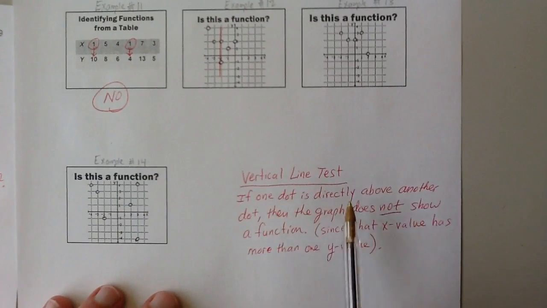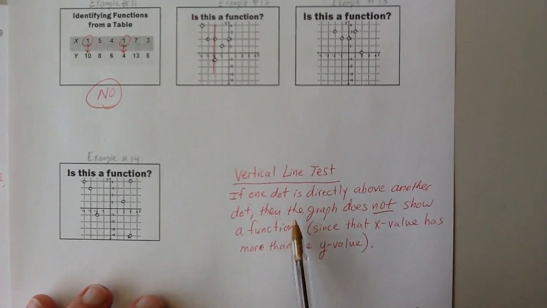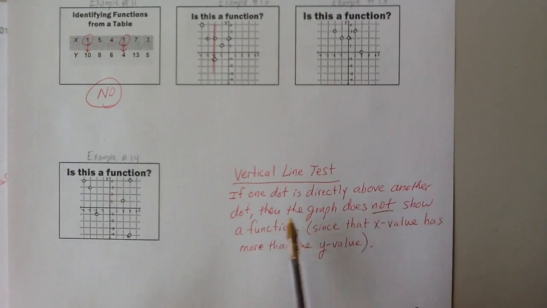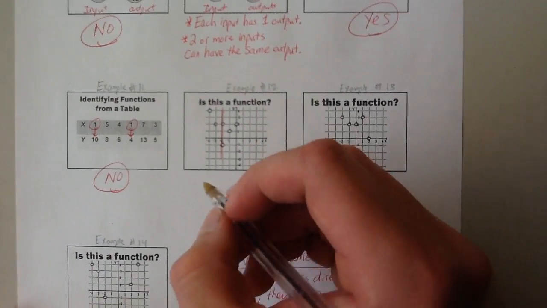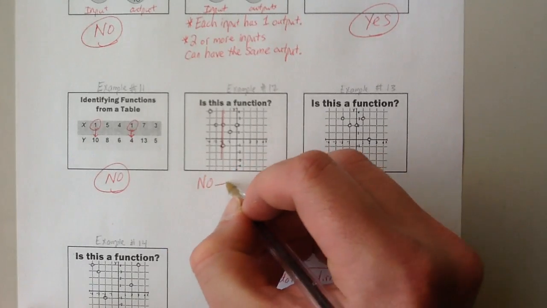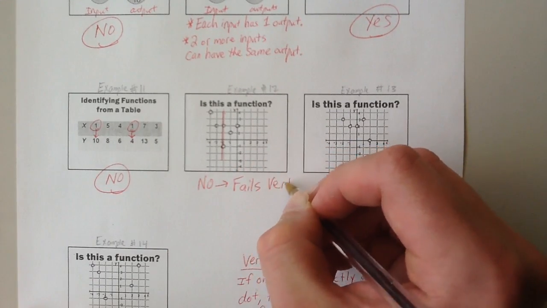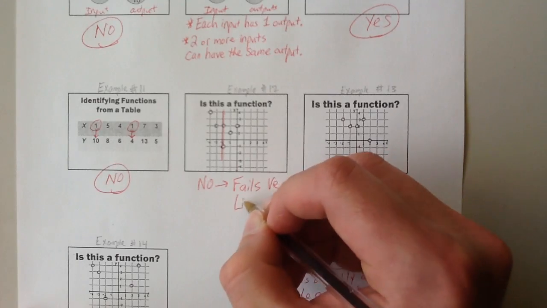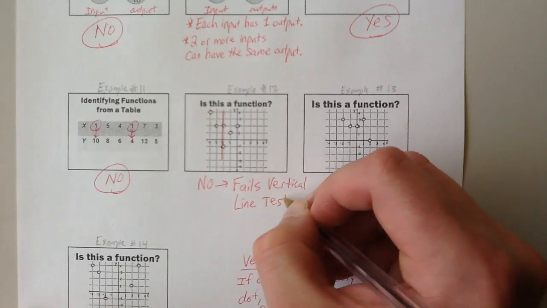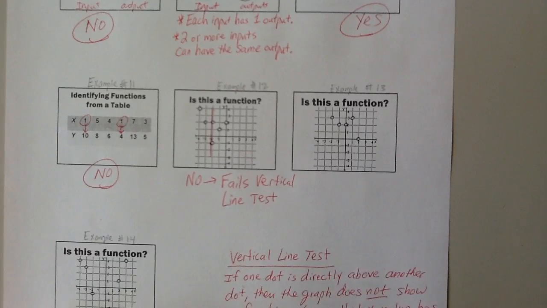Right? If one dot is directly above another dot, then the graph does not show a function. Okay, so in example 12, this is no, not a function because it fails the vertical line test. Be sure to write that down. It fails the vertical line test.